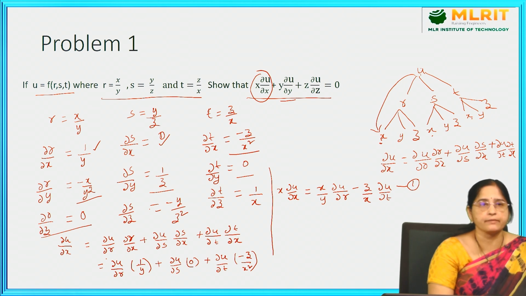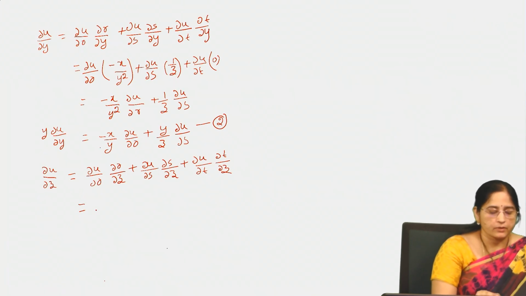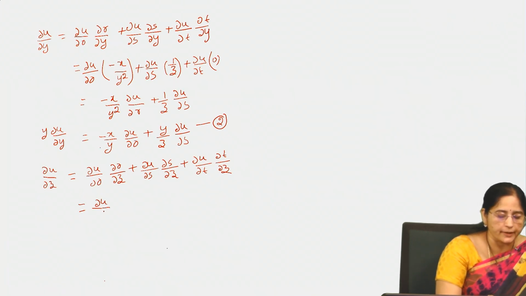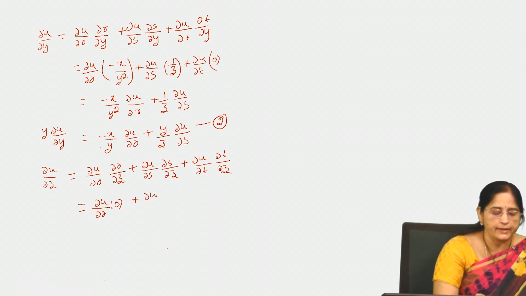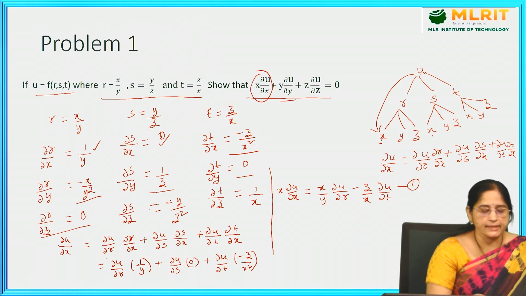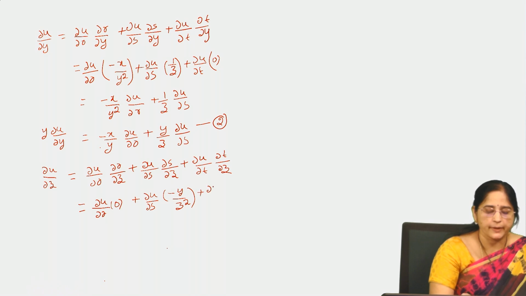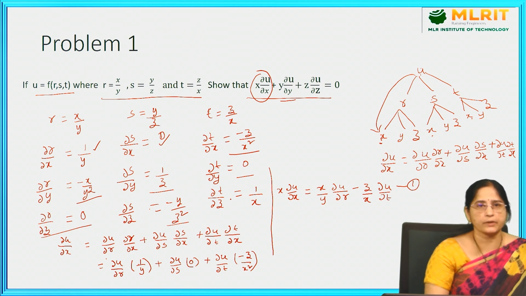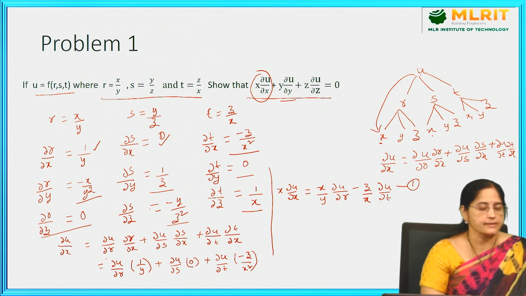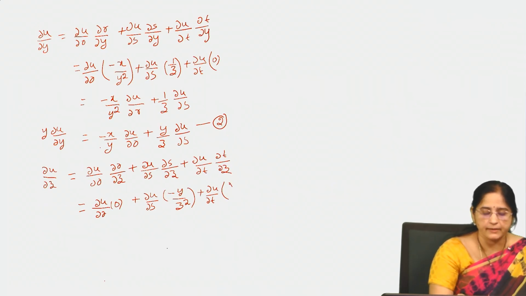Dou r by dou z value is 0. Dou u by dou r into 0 plus dou u by dou s into dou s by dou z, this is minus y by z square, plus dou u by dou t into dou t by dou z. Dou t by dou z is 1 by x.